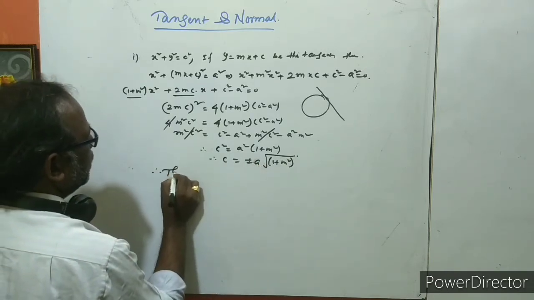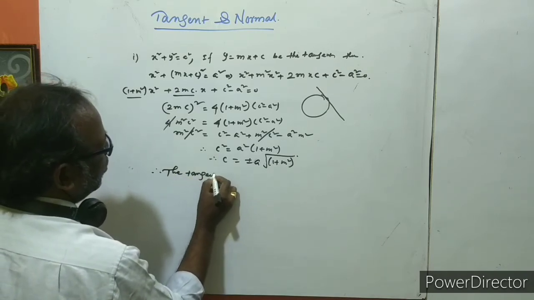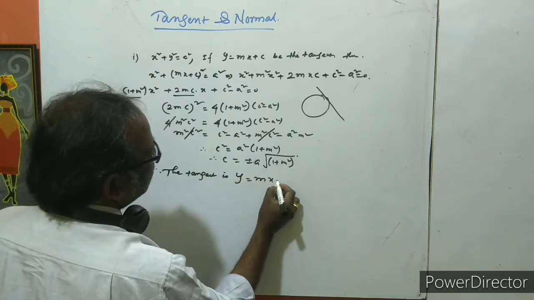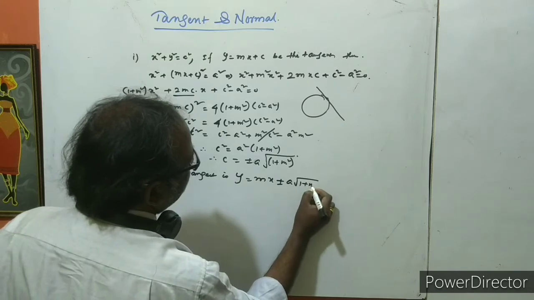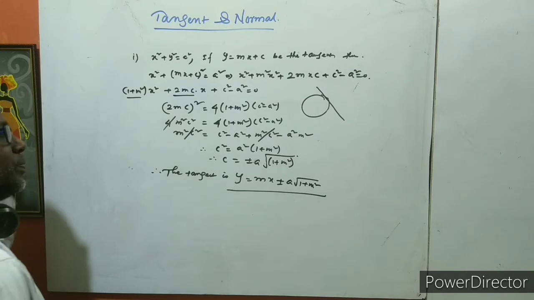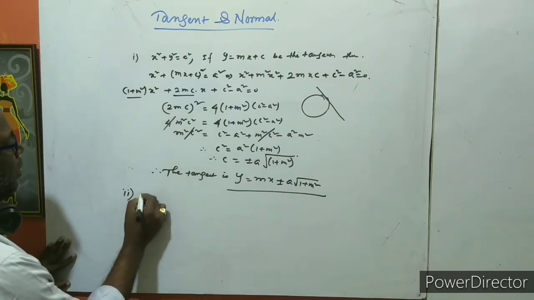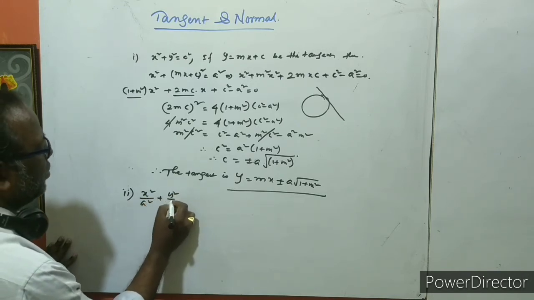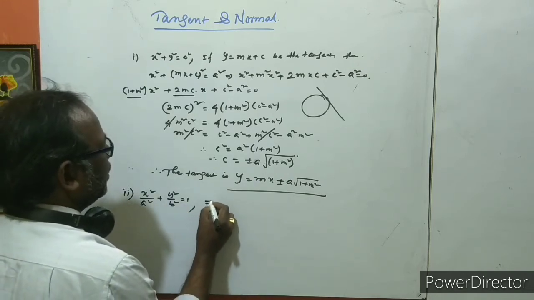Therefore the tangent is y is equal to mx plus c, where c is plus or minus a root over 1 plus m square. So for curve number 2, x square by a square plus y square by b square equal to 1, we get the tangent similarly.